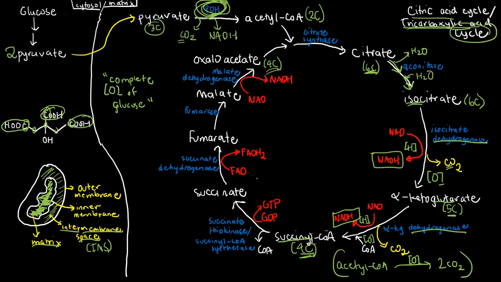So from Succinyl-CoA, we will convert it to succinate. That means the removal of the coenzyme A via the enzyme succinate thiokinase, sometimes called Succinyl-CoA synthetase. Now, it so happens that alongside the cleavage of the coenzyme A, the energy that is generated from that allows the phosphorylation of GDP to become GTP, which is equivalent to one molecule of ATP since they are of the same rank.